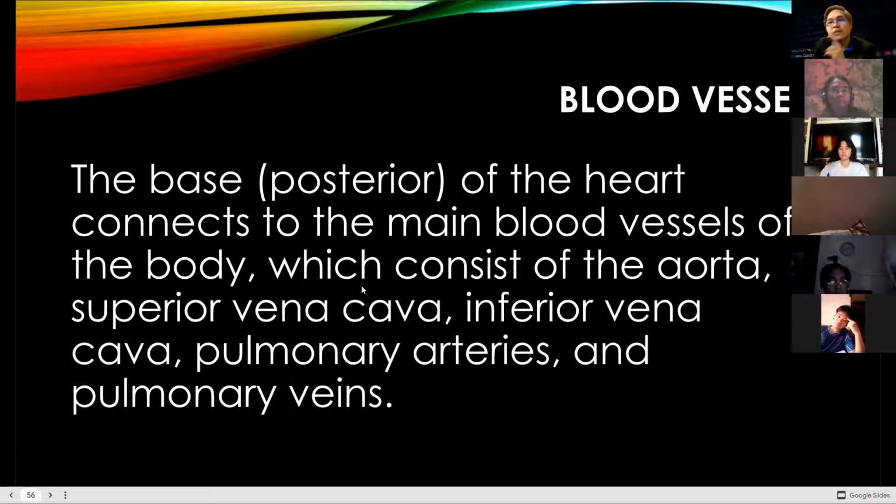The two semilunar valves are the pulmonary valve, between the right ventricle and pulmonary artery, and the aortic valve, between the left ventricle and aorta, the largest artery in the body. I will teach you how to create a mind map out of it.